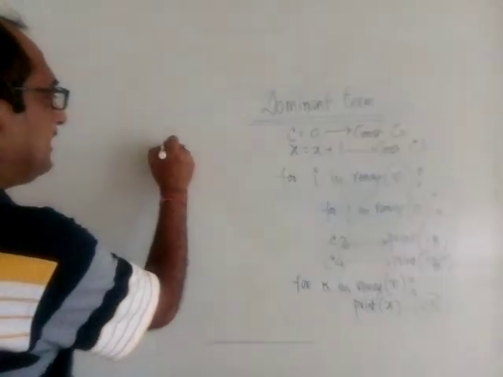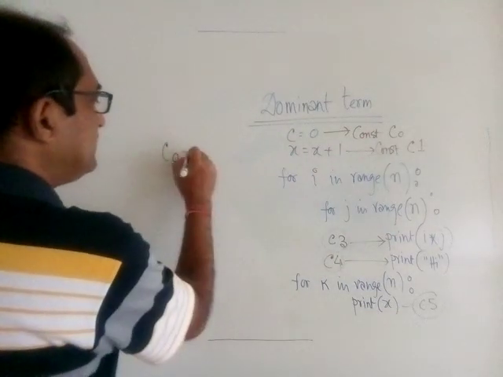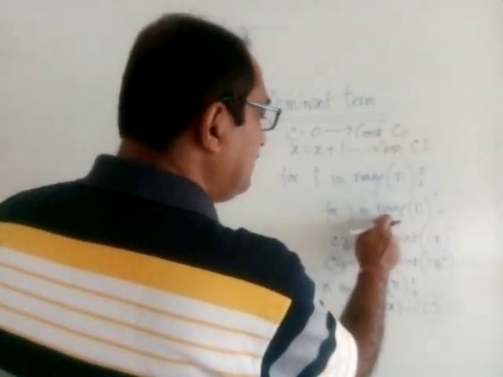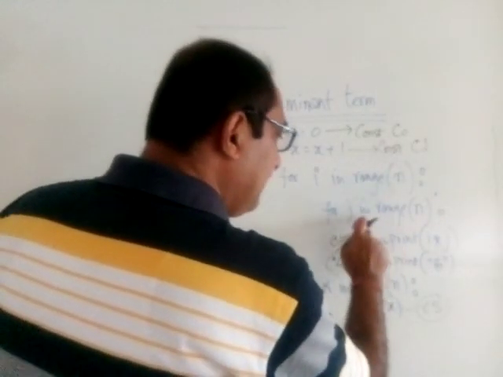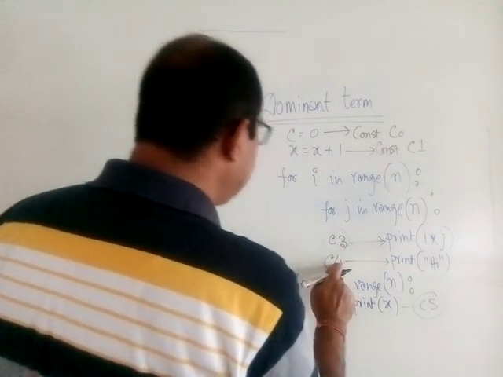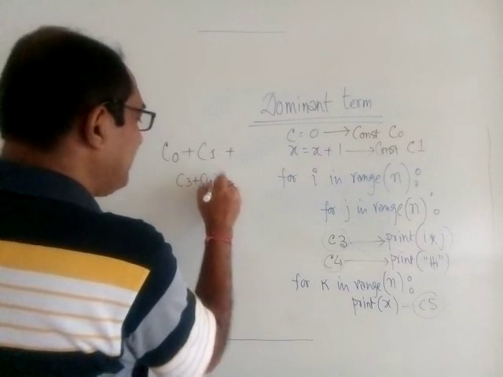I got total time as C0, okay? Then I got C1. Then here it's a nested loop. So what will happen? For every occurrence of J loop, it will take C3 plus C4 amount of time. So C3 plus C4 amount of time.